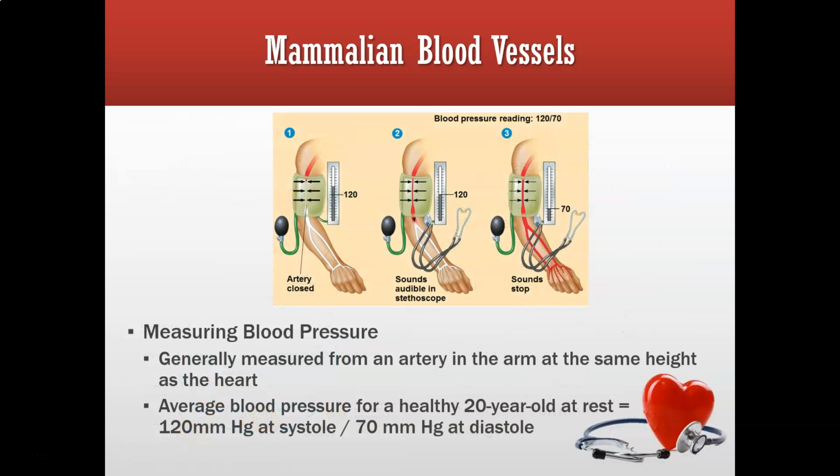And we can measure this, right? If you've ever had your blood pressure taken, then you have in fact felt what this feels like. Generally we measure a major artery in your arm, usually in the crux of your arm here, at approximately the same height as your heart.